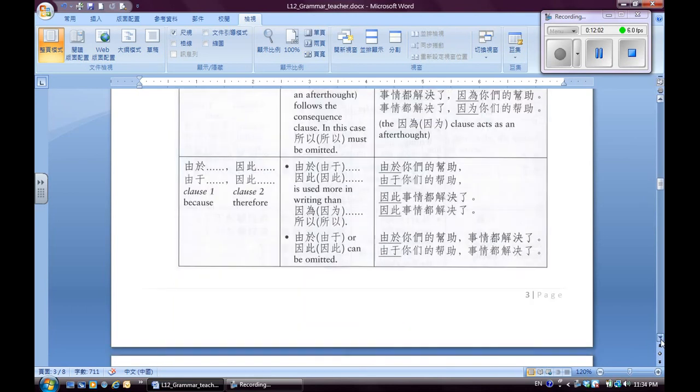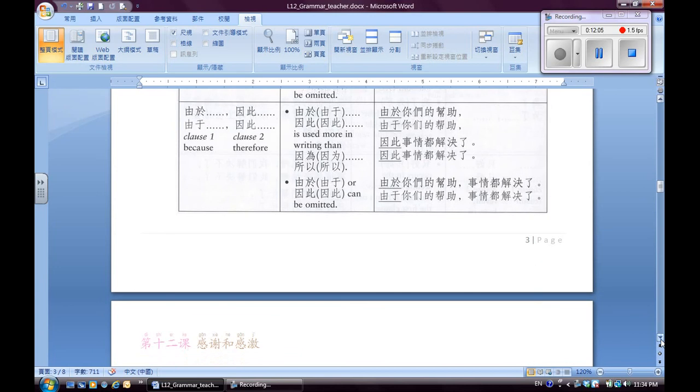The second one is a new one. 由于因此, 由于因此 has the same meaning as 因为所以. 由于因此 is used more in writing than 因为所以. If you look at the examples here, they are the same example. 由于你们的帮助, because of your help. 因此事情都解决了, therefore, the matter has been resolved.